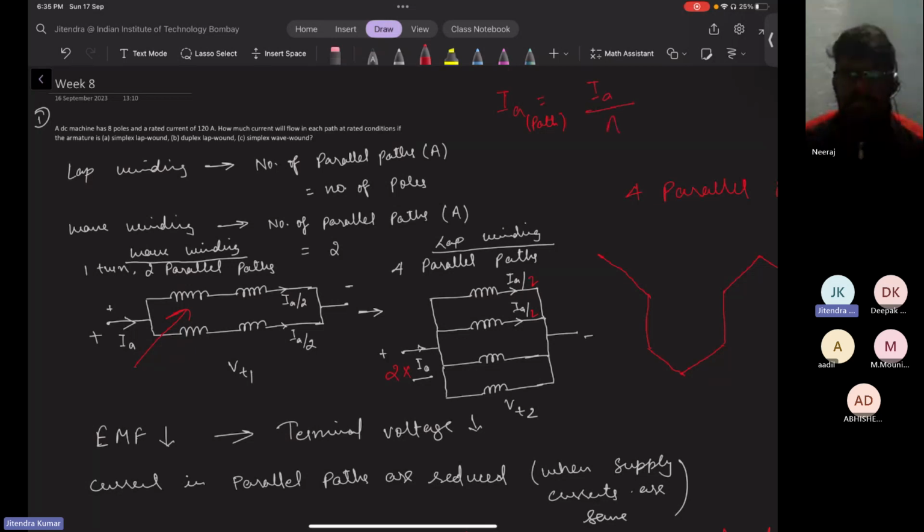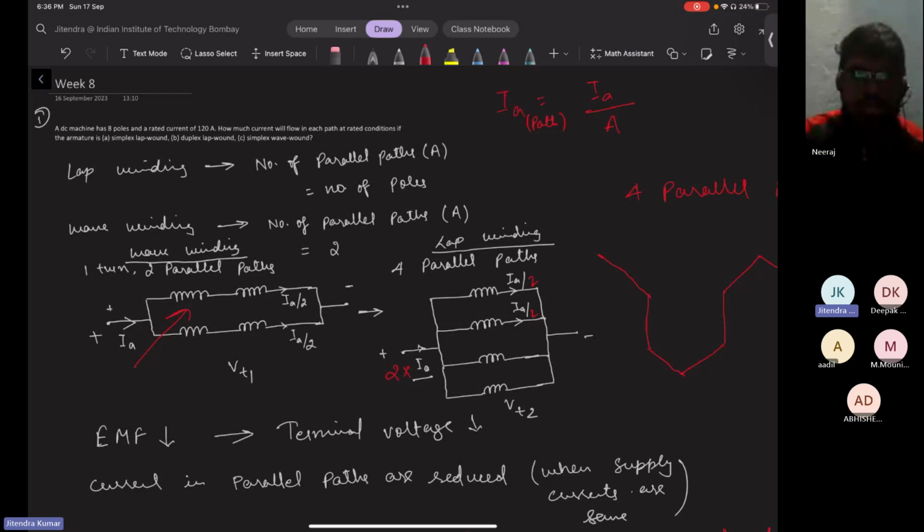of parallel paths. So in simplex lap wound, what do you mean by simplex lap wound? What does this terminology state? Simplex lap wound, or duplex, or triplex, or quadruplex? Sir, in simplex lap winding, each coil is identical.